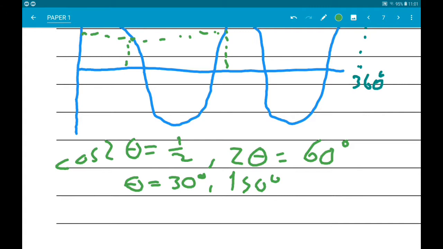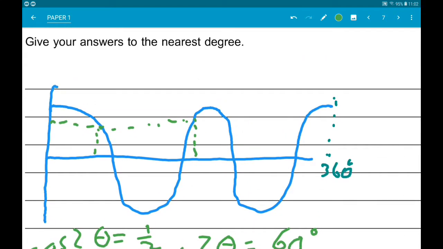So 30 and 180 is 210. And 150 and 180 would be 330. So that's given us the 2 solutions here and over here.